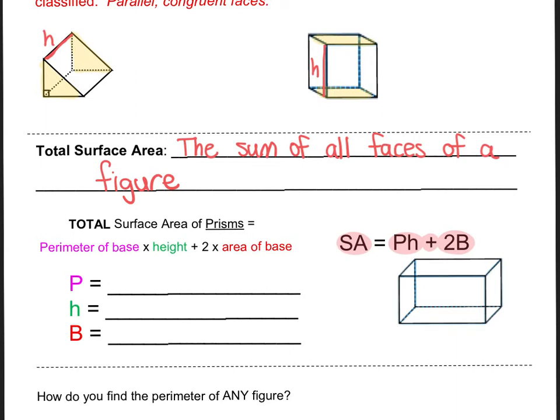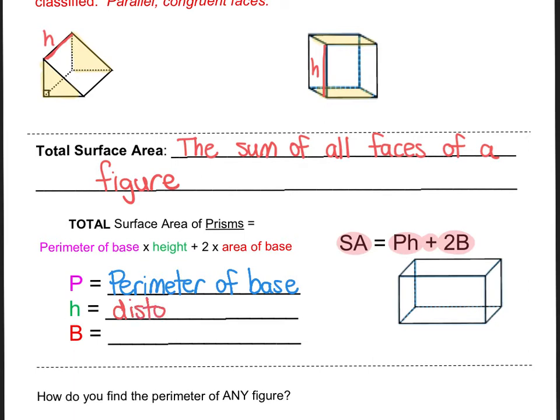So what we need to know is what these letters mean. That capital P means perimeter of the base. Not the perimeter of the whole thing, but the perimeter of the base. The height, or the H, is the distance between the bases.